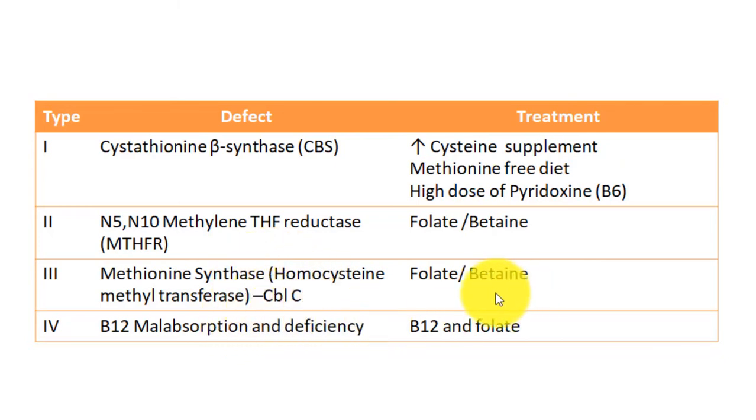Here betaine is very important. So you supplement this patient with betaine, and you also give vitamin B12, and folate, everything, because folate is a water soluble vitamin and will not be toxic. So you can give a bit more, but it will not be toxic. So folate, vitamin B12 and betaine are the treatment here.